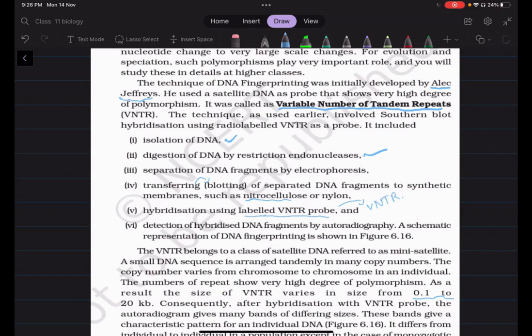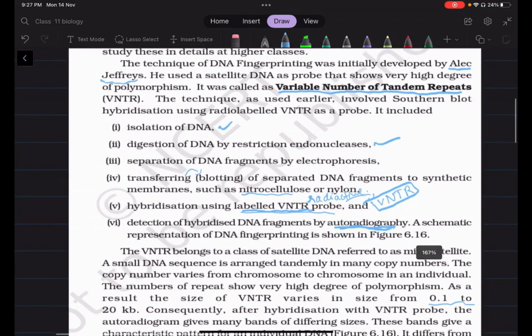Later, these fragments are detected by autoradiography. The labeled VNTR probes are radioactive, and that is why we use autoradiography to detect these hybridized DNA fragments.